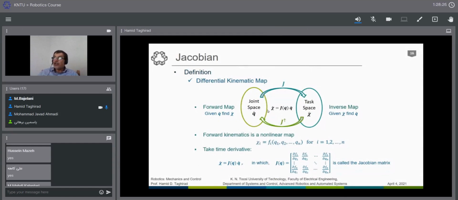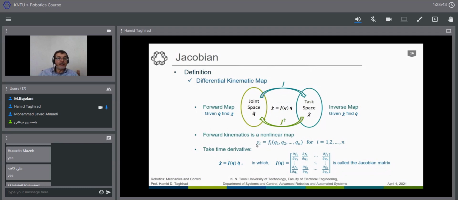But how can we find the Jacobian? The Jacobian can be found in several ways. The first and important one, the definition case, is this: the forward kinematics is a nonlinear map.